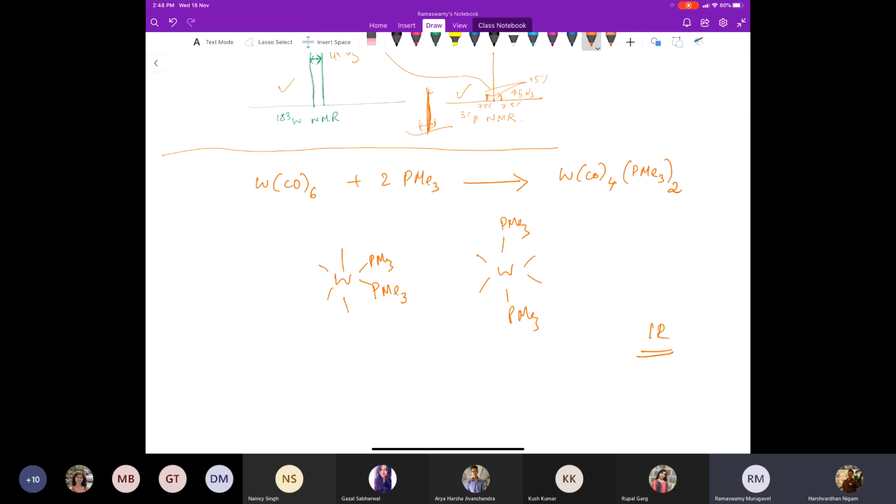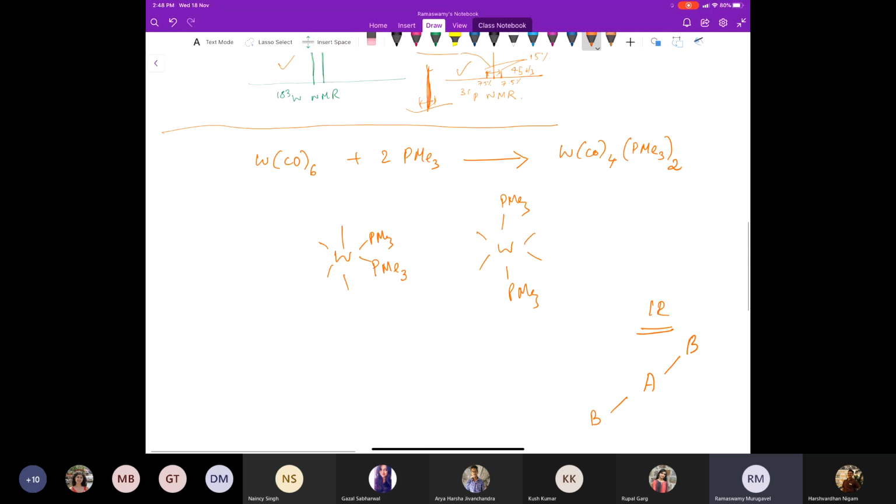Yes, because both cis and trans isomers may have a small difference in the chemical shift, but the chemical shift is not good enough to really say whether you have cis or trans. If you have both, then you can say which is cis, which is trans. I'm sure Professor Kulkarni talked about the trans and cis, right?